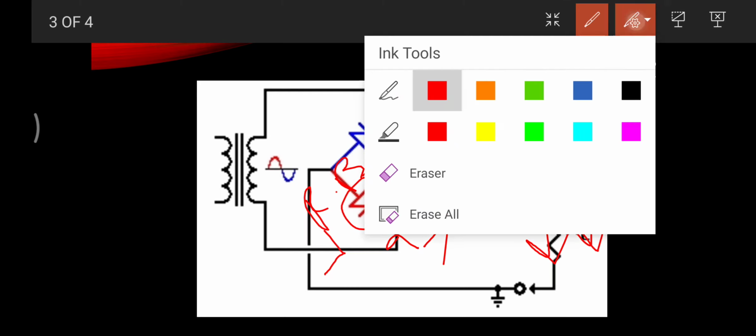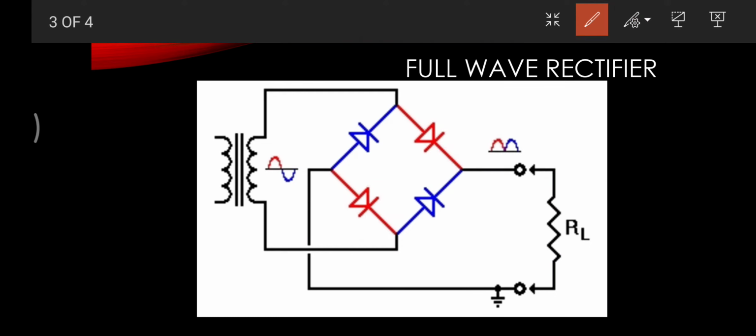Let's see it again. When the positive cycle comes, it passes through this and appears in this direction of the load. When current comes from this way, it again finds this diode forward biased and this one reverse biased.